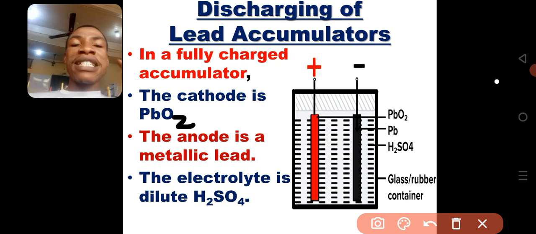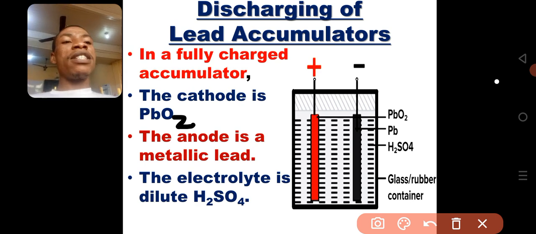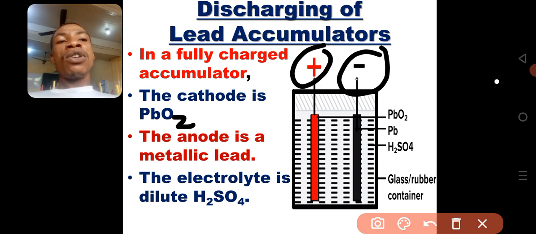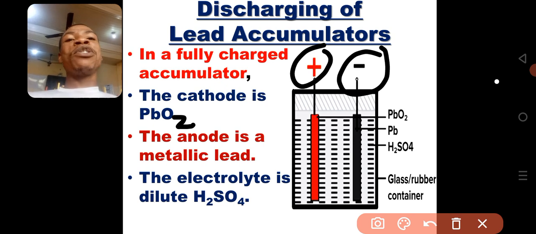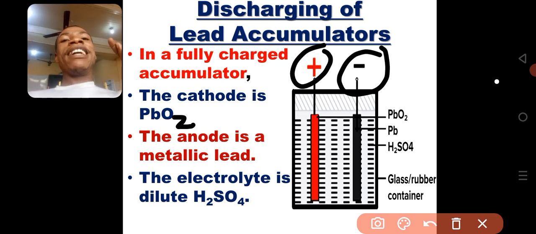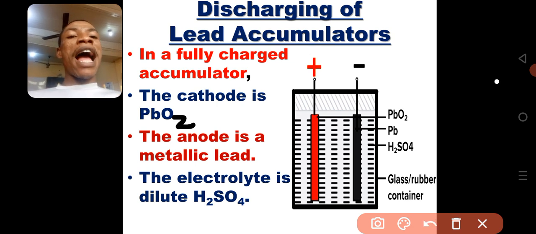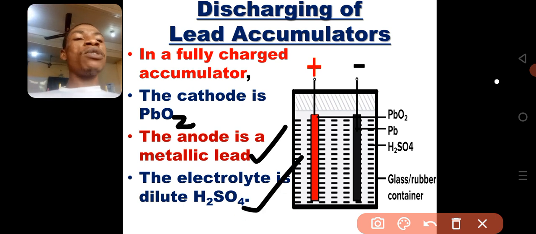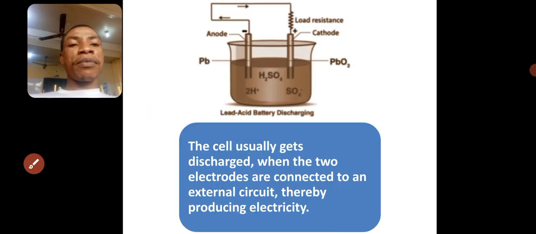The anode is metallic lead. This is the anode, metallic lead. This is the cathode, which is made of lead-4 oxide. Don't forget that in an electrochemical cell, the positive electrode is the cathode, the negative one is the anode. So the anode is a lead rod. And then, like I told you before, the electrolyte is dilute H2SO4.